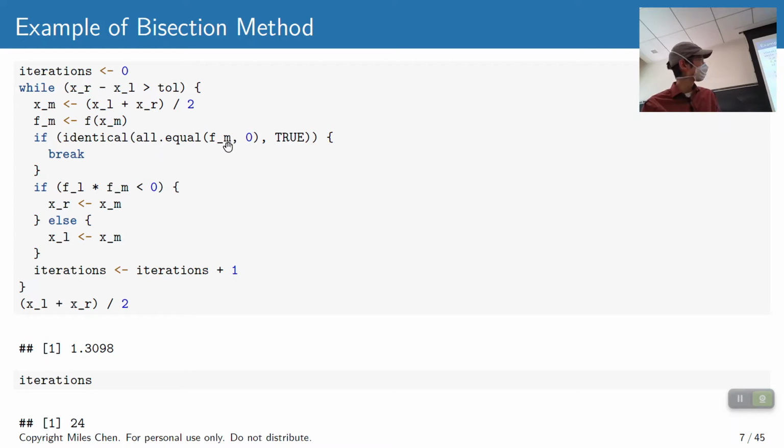So this is just checking if this is close enough to 0, because again, you might not get exactly 0, but if it's within the square root of machine epsilon, then it will do that. And the reason why I have to wrap all.equal in identical to TRUE is because the default behavior of all.equal, which is a little frustrating, is that rather than returning true or false, it returns true, and if it's not true, it spits out a string that says mean relative error, something like this.